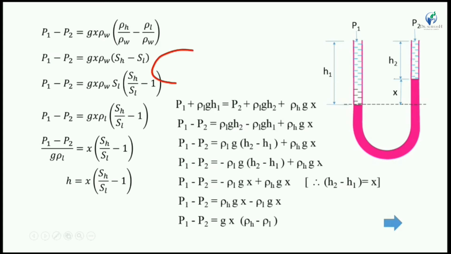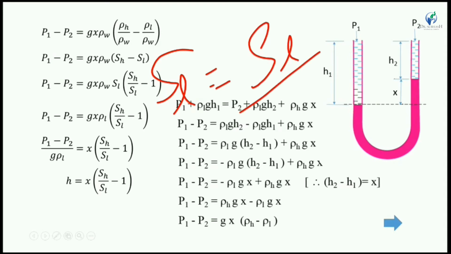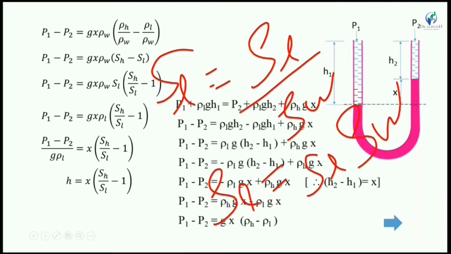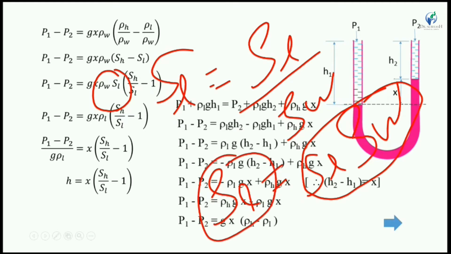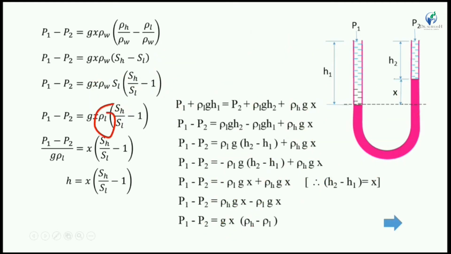Now, we know that the specific gravity of light liquid is equal to the density of light liquid upon the density of water. So the density of light liquid is equal to the specific gravity of light liquid times the density of water. So here we can write the density of light liquid. Now g into rho L is moved to the left side upon P1 minus P2, so the equation becomes as shown in the slide.